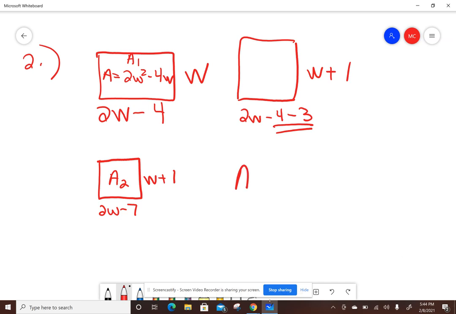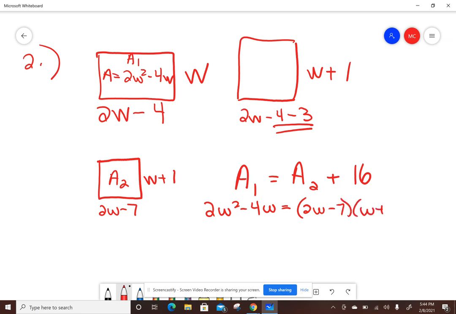So if I want area 1 to equal area 2, I have to add 16. Because area 2 is 16 less. To make it equal, I have to add 16. So area 1 is 2W squared minus 4W. Area 2 is 2W minus 7 times W plus 1 plus 16.